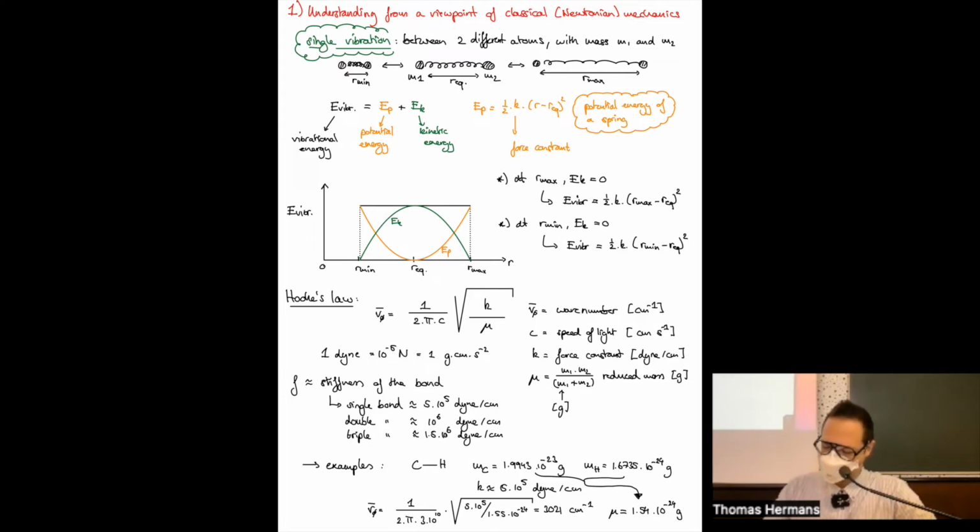And if we stretch these two weights, the spring will be stretched, and I have some kind of maximum distance, R max. If I compress the spring, so this is all reversible, then I have my spring compressed, and there will be a minimal distance.